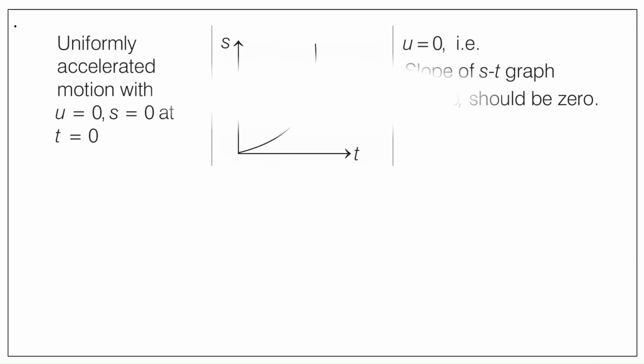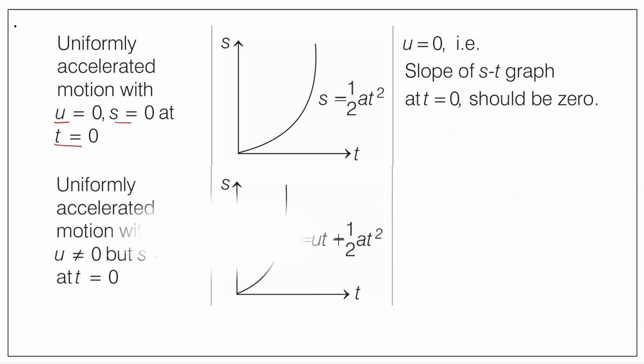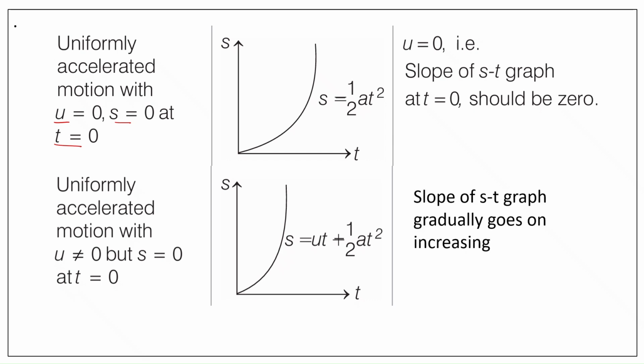Next. Uniformly accelerated motion with u is equal to 0, s is equal to 0 at t is equal to 0. Therefore, the slope of ST graph at t is equal to 0 should be 0. Next. Uniformly accelerated motion with u not equal to 0, but s is equal to 0 at t is equal to 0.